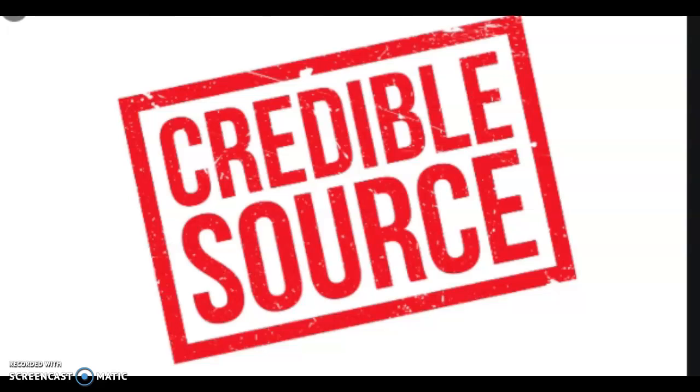We are going to continue our study of multimodal text. Yesterday, we looked at what multimodal texts are, and we determined that it's text that presents information to us in more than one way. We may read it, we may write it, we may listen to it.